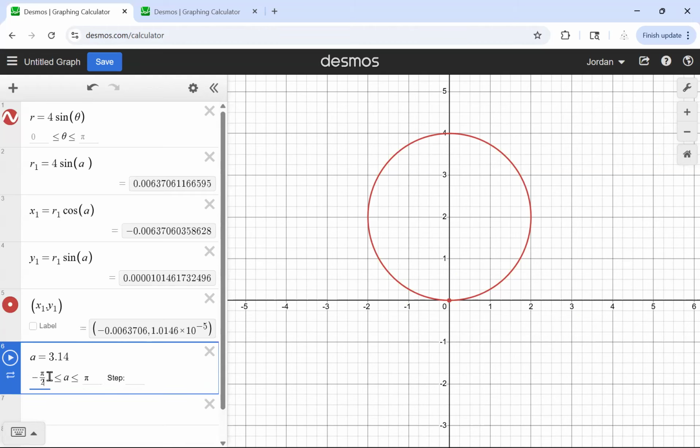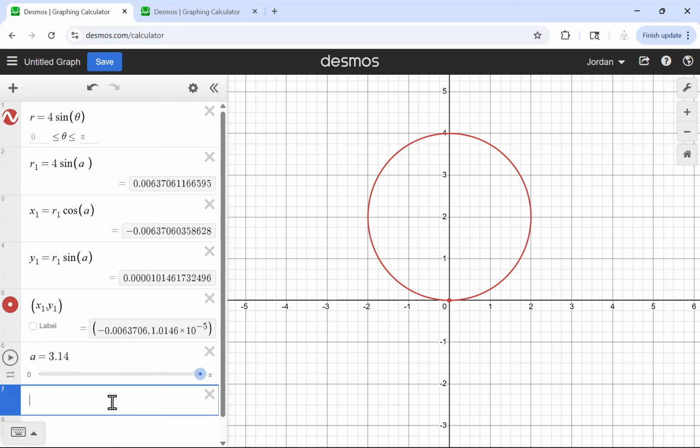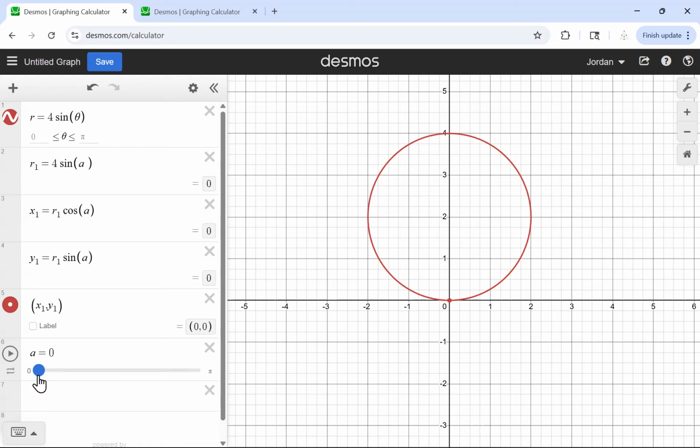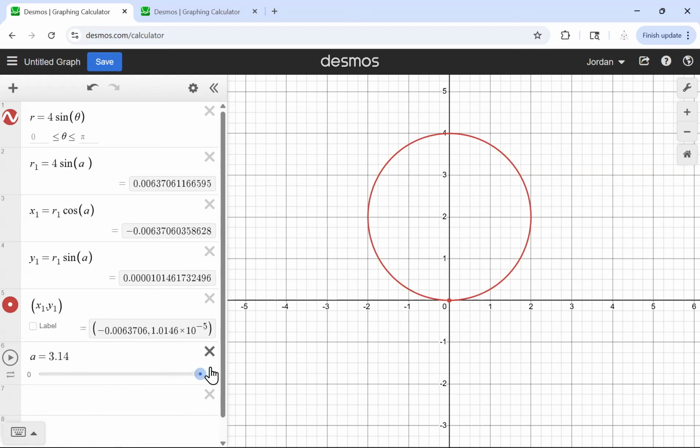All right. So from theta of 0 to theta of pi, I went once around that circle. And so I got the circumference of the circle.